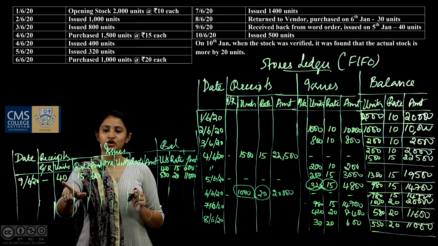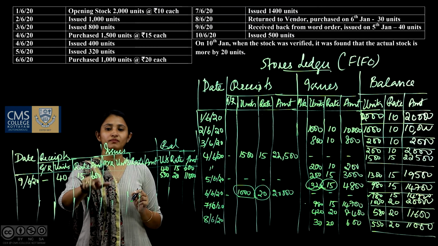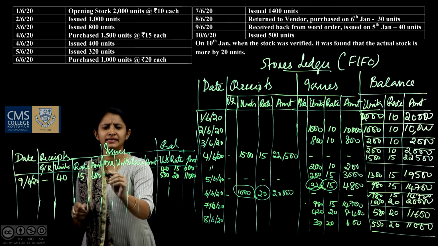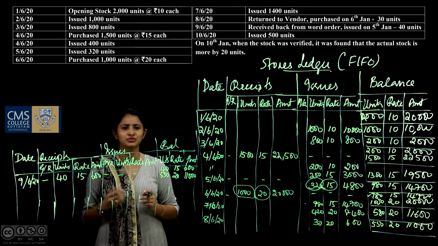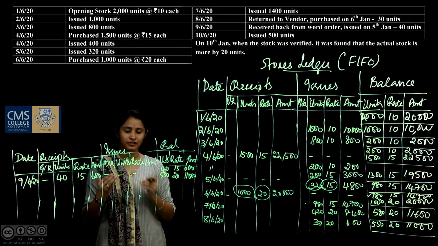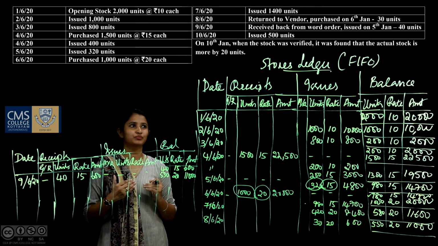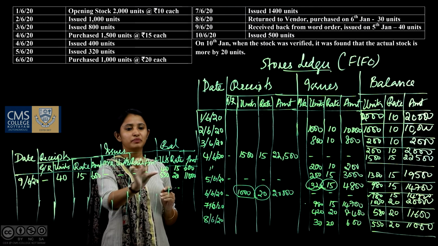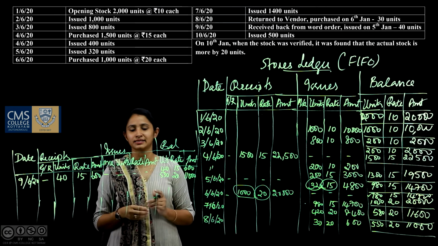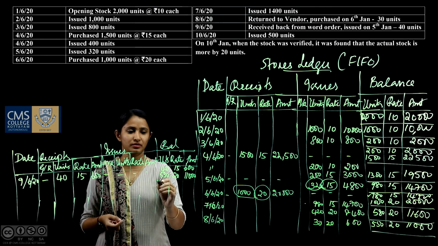So, we have entered 40 units worth rupees 15 per unit, and the amount is 600 rupees. On that date, there are no other issues. And one thing to be noted is, whenever we have a return from the production department, that should be placed first in the balance column, and then only should the existing lot be shown.